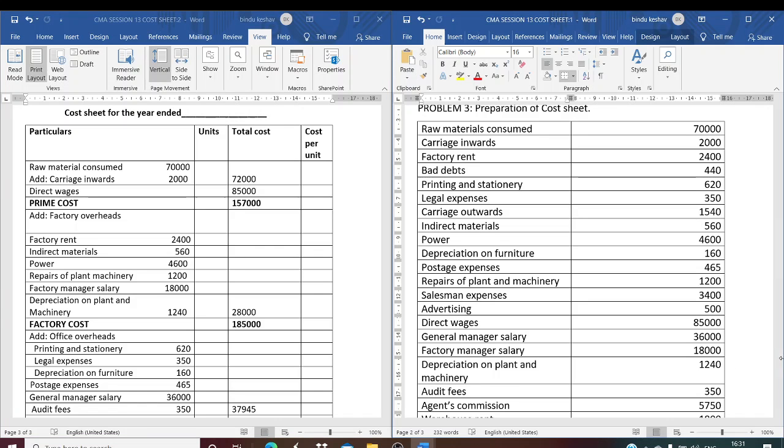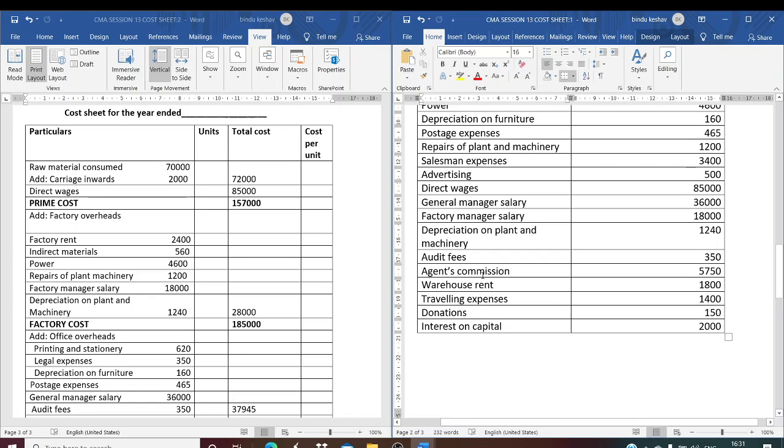Further down, you can see we have audit fees, agents commission, warehouse rent. All these relate to either office or selling overheads, not factory. So whatever items relate to the factory we have written here, and the total of that is 28,000.